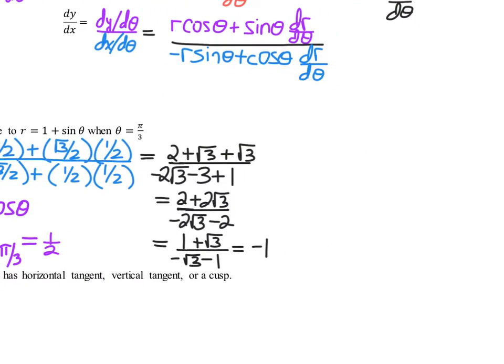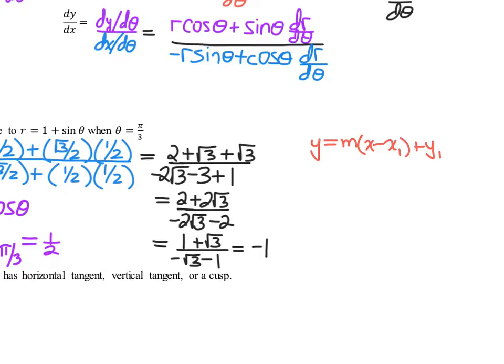The equation of a tangent line is y equals m times x minus x sub 1 plus y sub 1. Well, we have the m part. The issue is that we don't really have anything else. So we need an x1 and a y1.